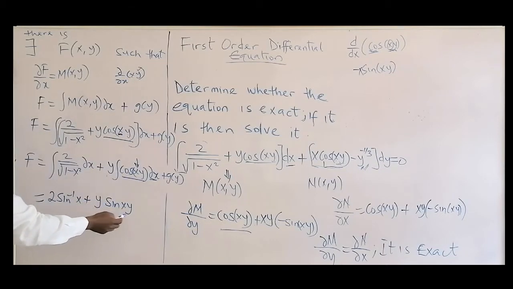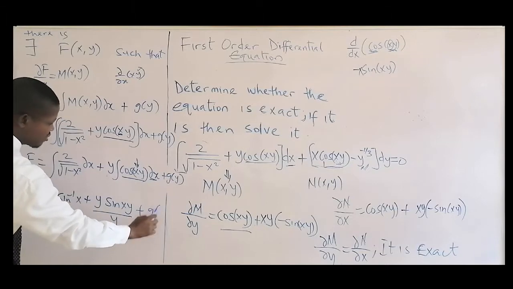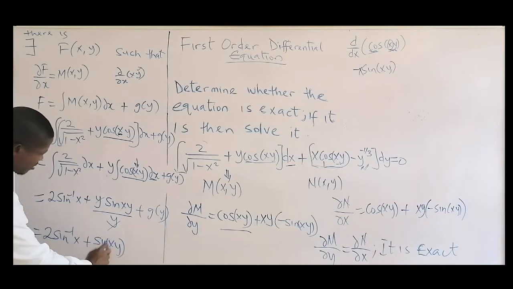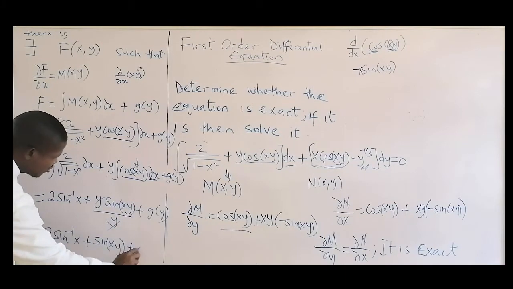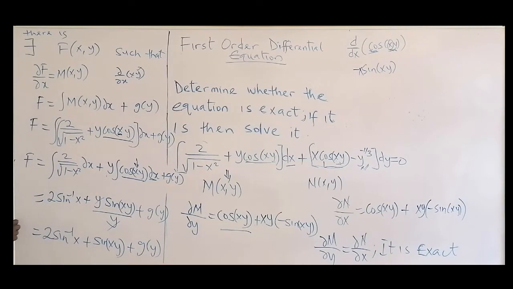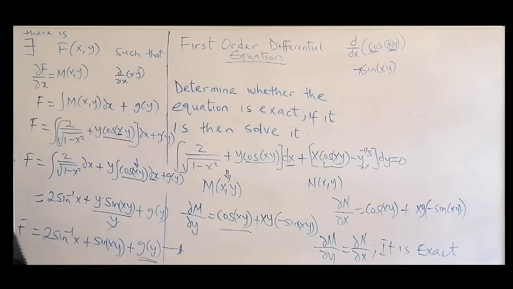So you now divide what you have there over y, plus g of y. So we now have 2 arcsine, this will cancel, then plus sine xy, then plus g of y. So that's what we have now as the f.